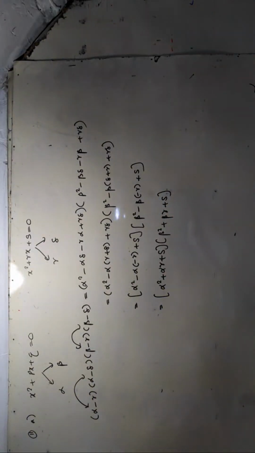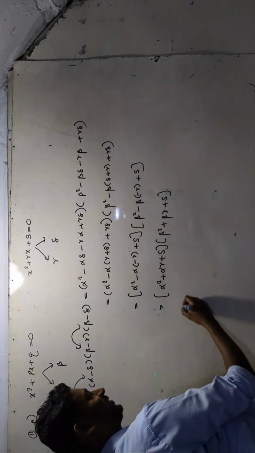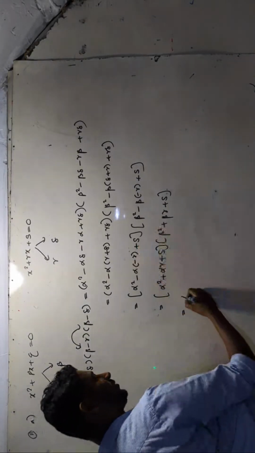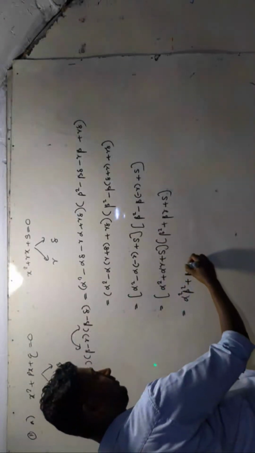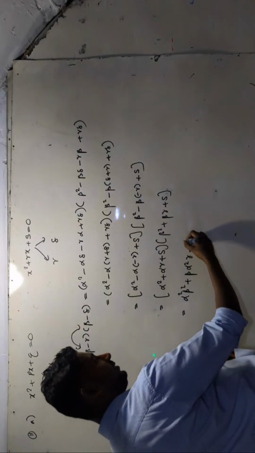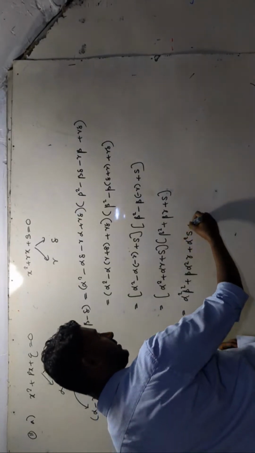Right. Still we can't do anything about this one. Again we need to do the simplification. So alpha squared into beta squared will be alpha squared beta squared. Then beta alpha squared r, then alpha squared s.